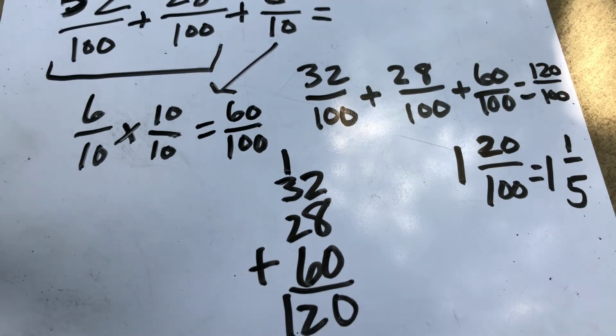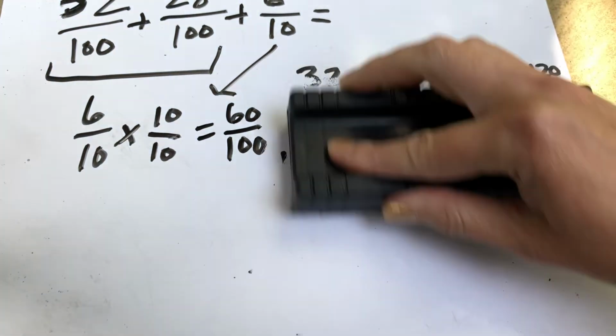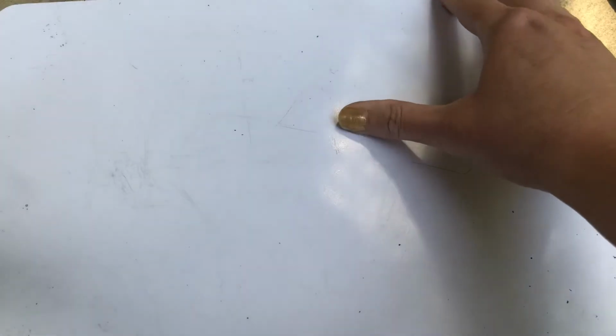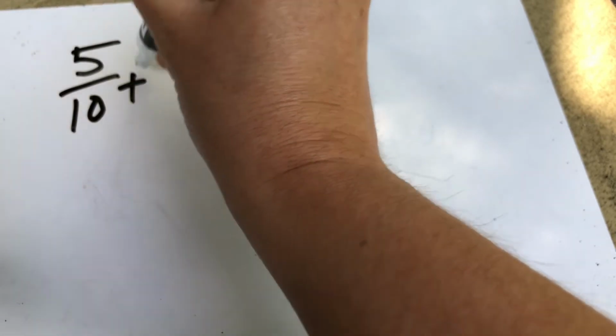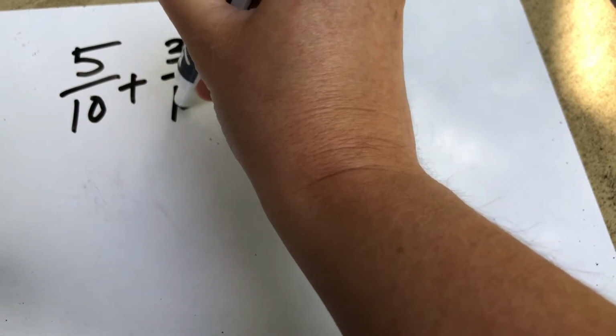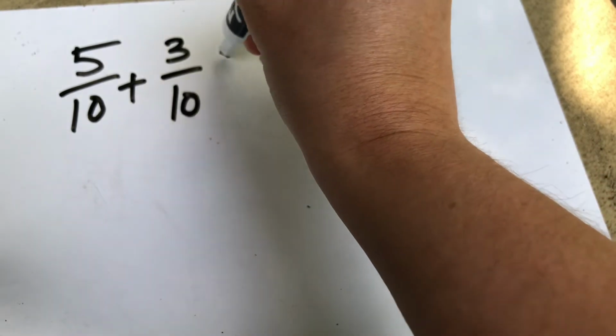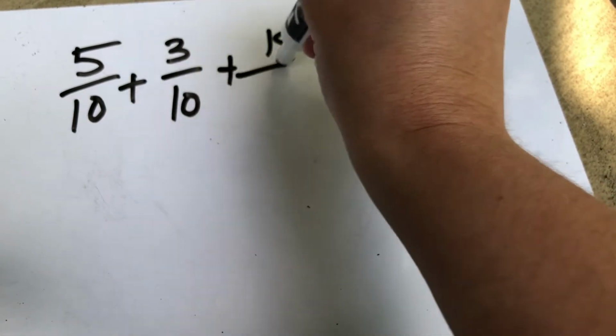Okay, let's do another one. What if you had 5/10 plus 3/10 plus 18 100s?